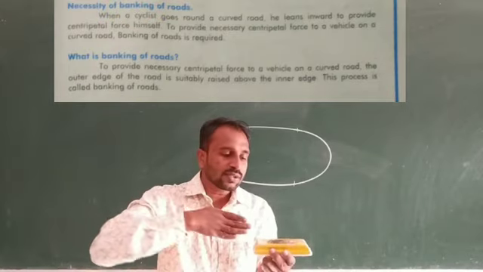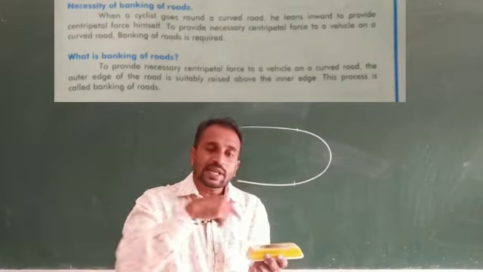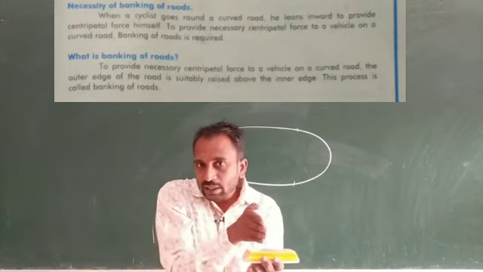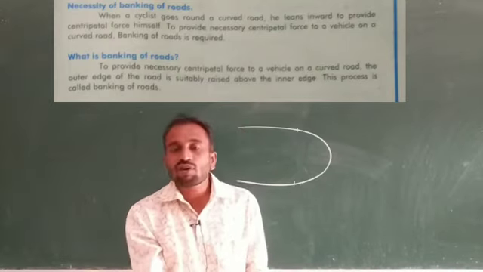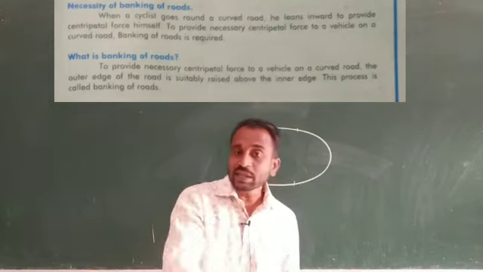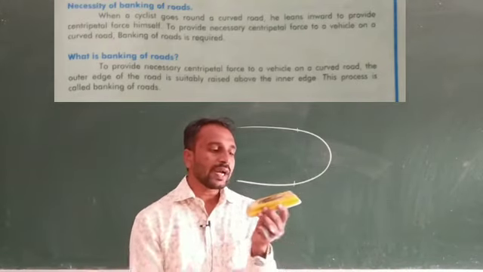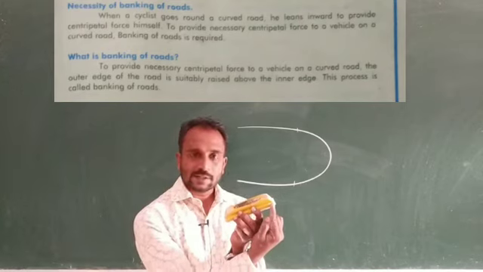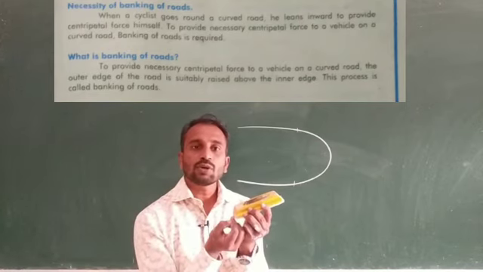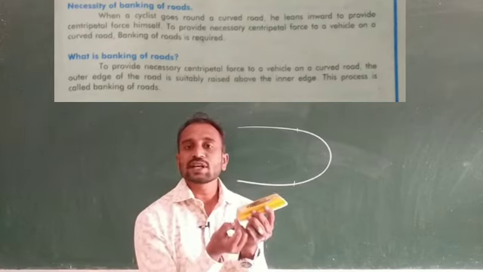So the cyclist slightly bends the cycle towards the center of the circle. For this reason the outer edge slightly increases compared to the inner edge, because the vehicle requires centripetal force.